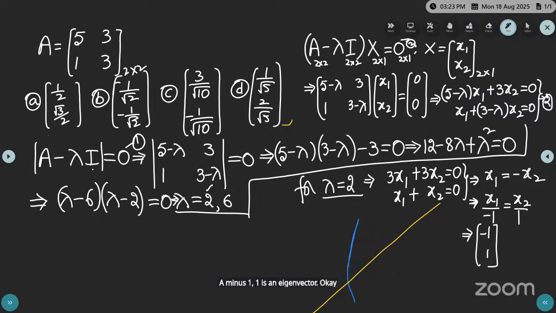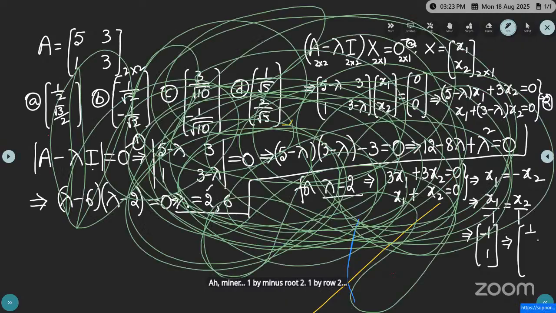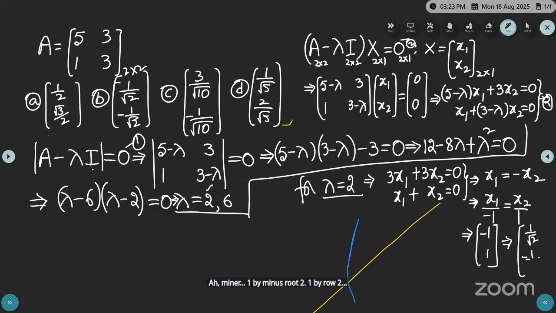Okay, if you multiply this with 1 by -√2, 1 by √2, minus 1 by √2. Okay, on just multiplying with a non-zero scalar -1 by √2, you are getting this one. Say yes or no? So this is the answer.